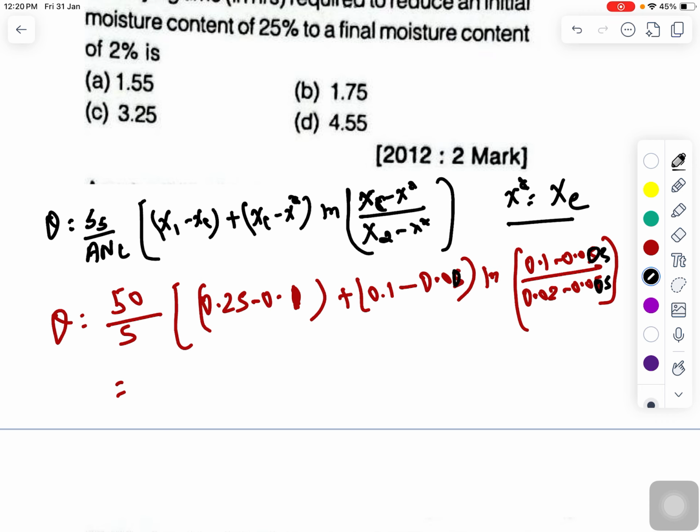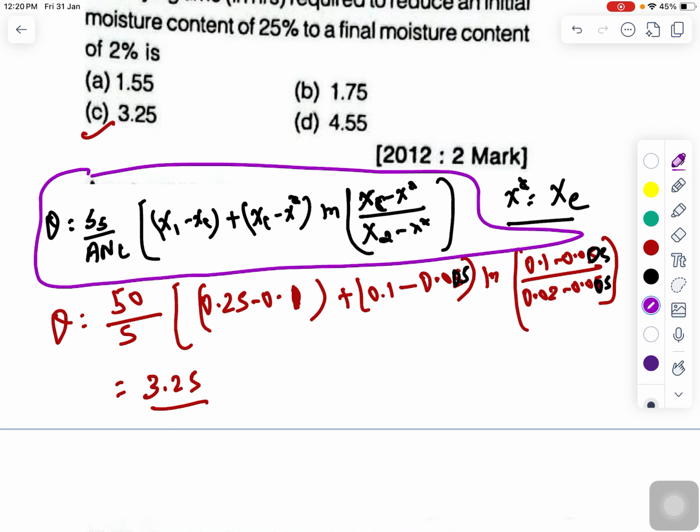Here it will also be 0.005, right? Plus. So once you do the calculation, you will get the answer 3.25. Is that clear? So this question was completely based on this formula. If you know this formula, then definitely you will be able to solve this concept.